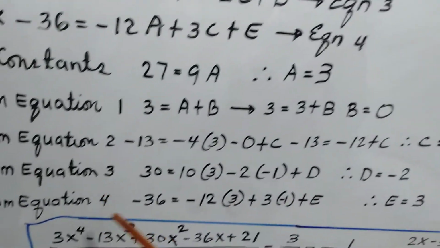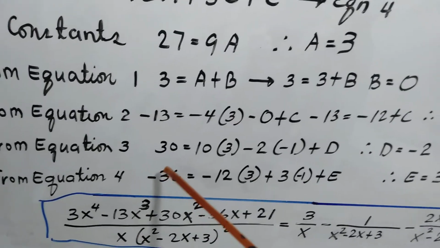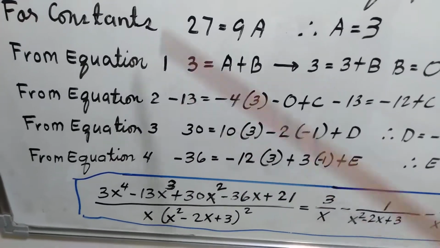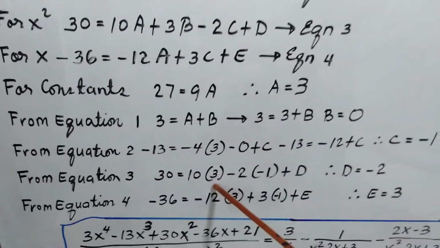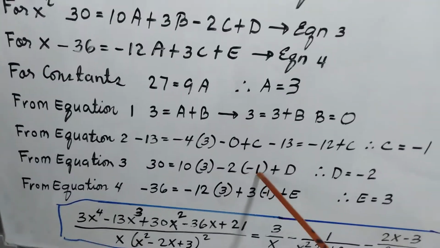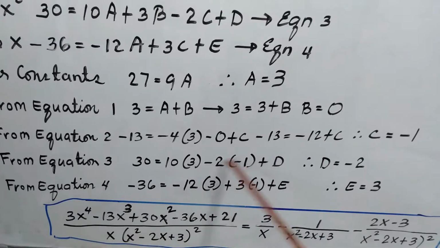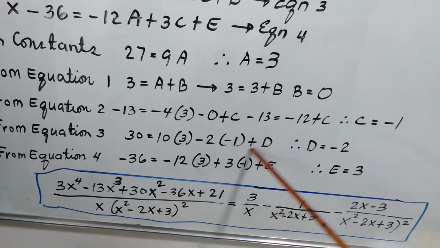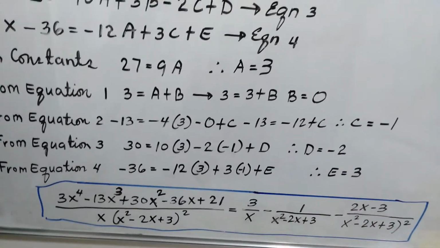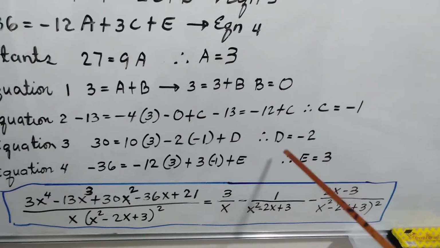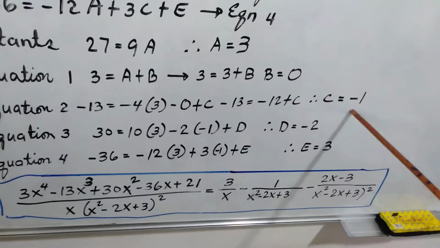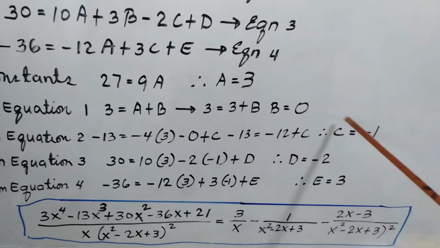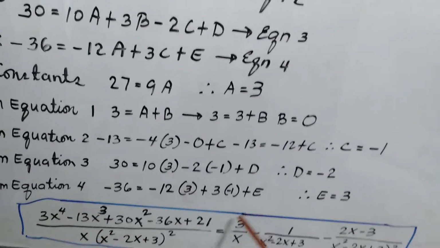So for equation 3, 30 is equal to 10 times a, which is 3, minus 2 times negative 1 plus d. We can get the value of d to be negative 2. Just manipulate all these numbers here. So for equation 4, after getting the values of a, c, and d, we substitute them into equation 4.